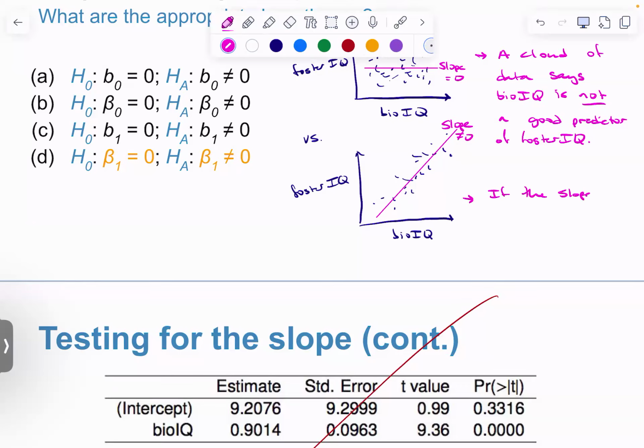If the slope does not equal 0, anything except 0, right? If it's significantly different from 0, then bio IQ is a good predictor of foster IQ.